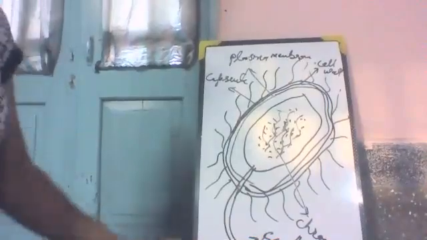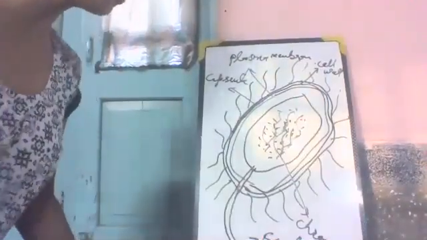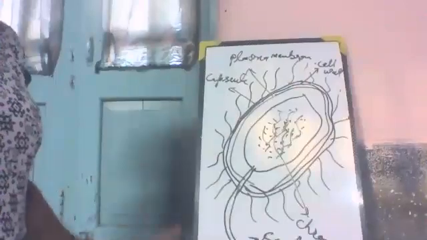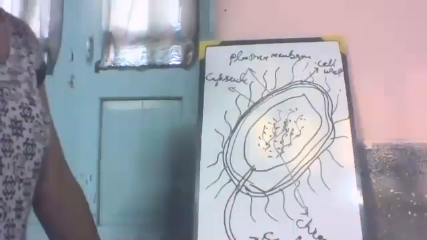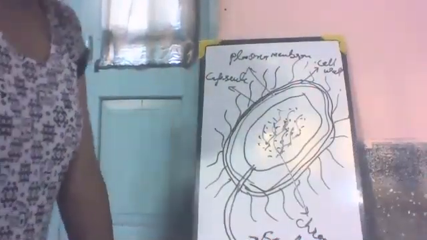For locomotion, with this flagella, they move from one place to another. They store food in the form of glycogen. This is the structure of bacteria.